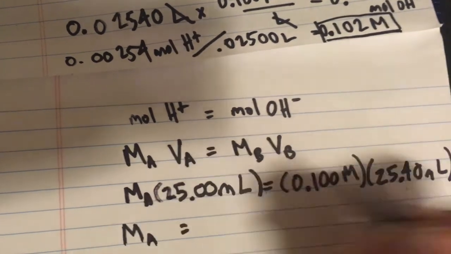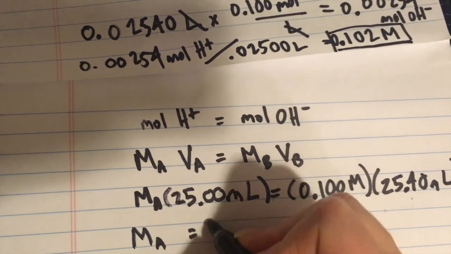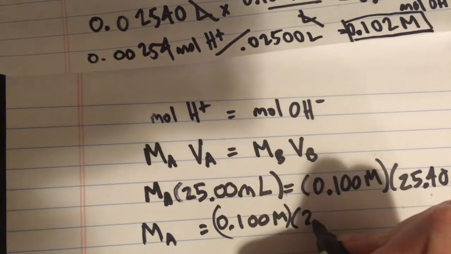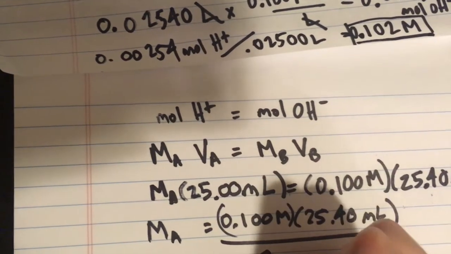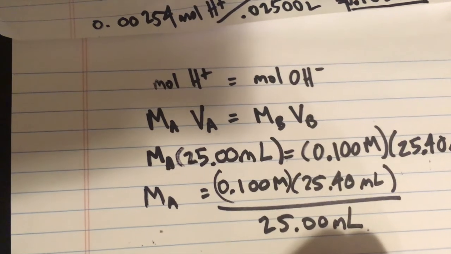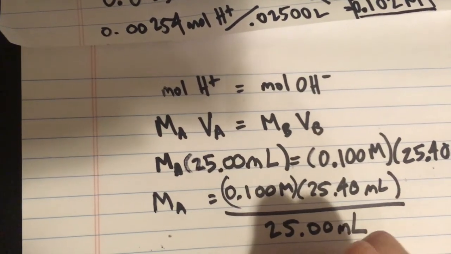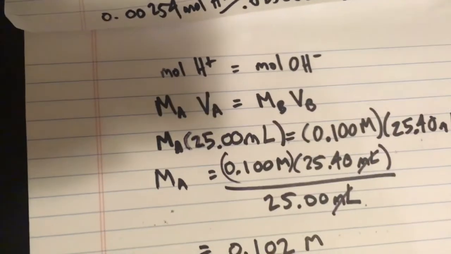And so then we want to solve for MA, our unknown, so we would divide both sides of the equation by 25.00. So we're going to have 0.100 molar times 25.40 milliliters divided by 25.00 milliliters, right? And then you can put that into a calculator, and what you'll get is 0.102, and the milliliters cancel out with the milliliters, so we've got a unit of molar.